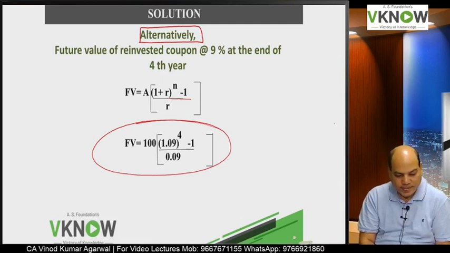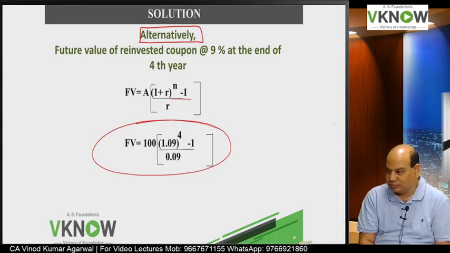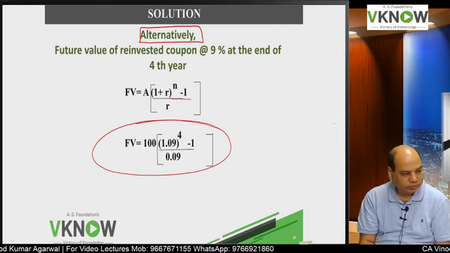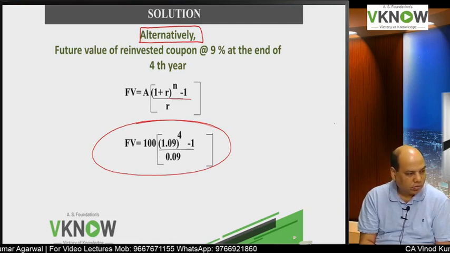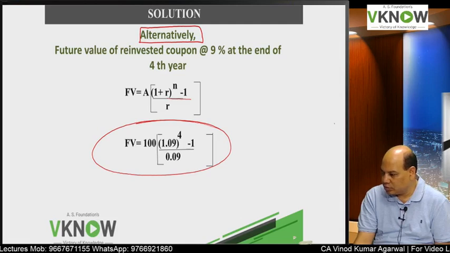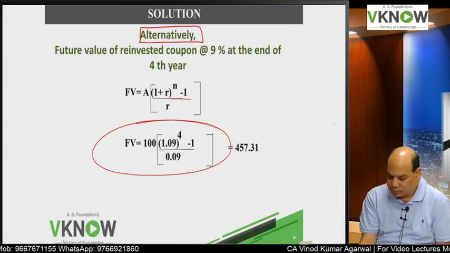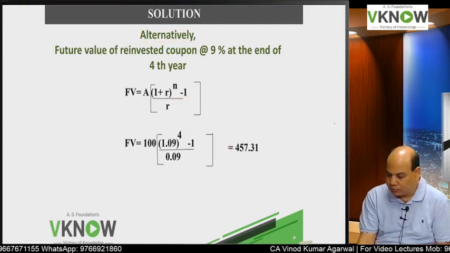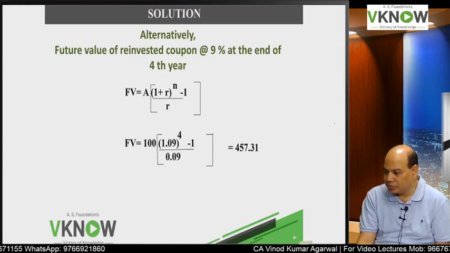Divya, Anup, Roshni. The answer is how much? Anybody answer? Check the answer. It is 457.31. Is it right?